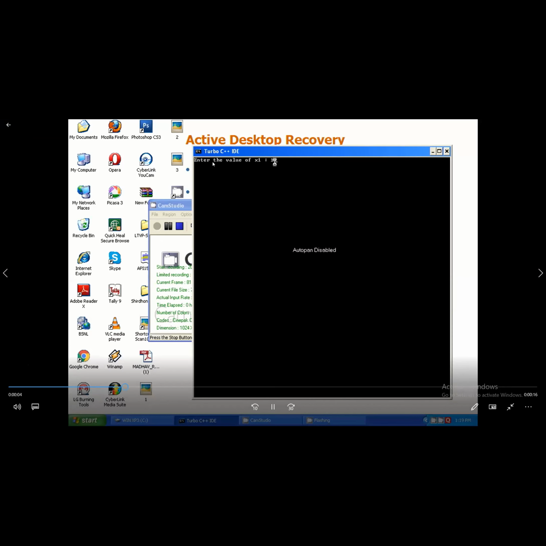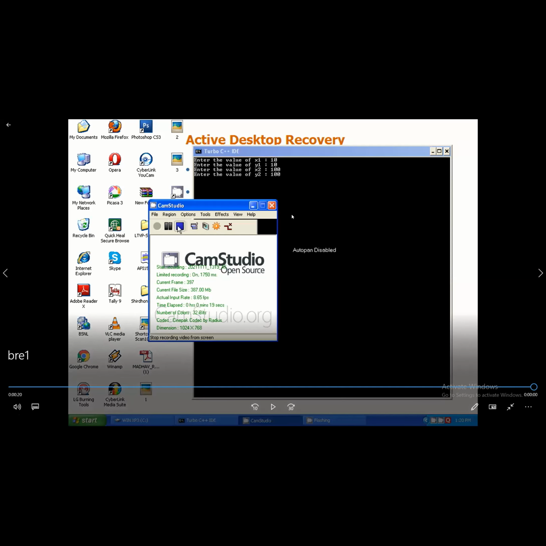So you can see here the inputs I have given: 10, 10, 100, and 100. I have given these 4 inputs, so x1, y1 are 10, 10 and x2, y2 are 100 and 100.